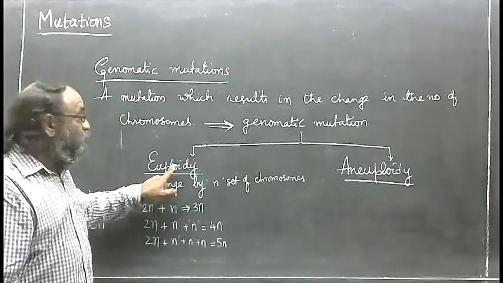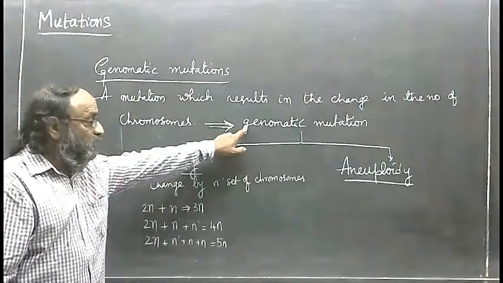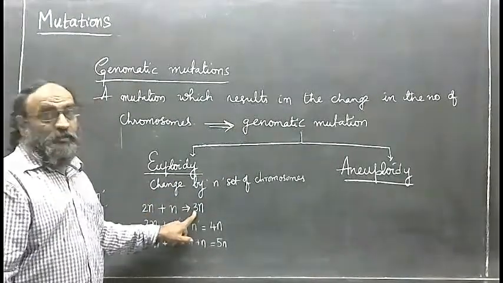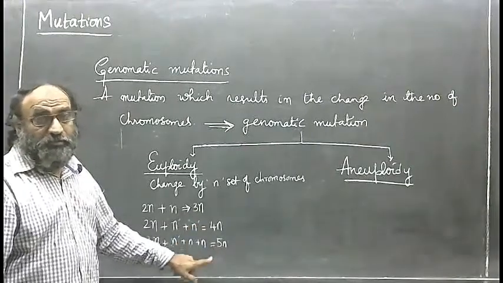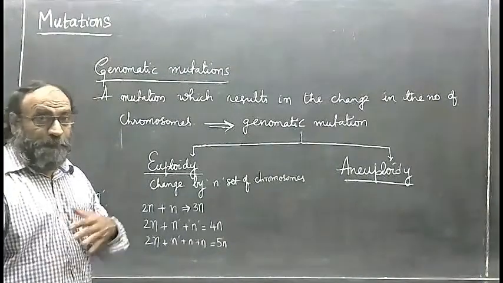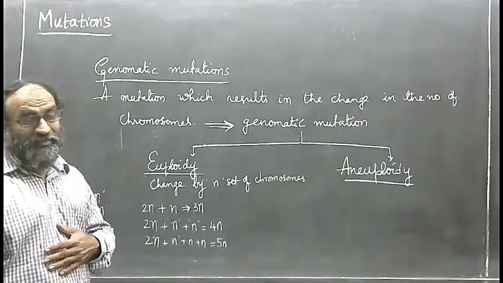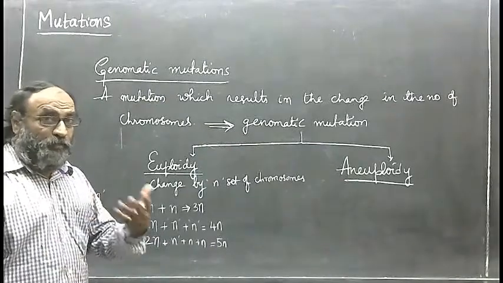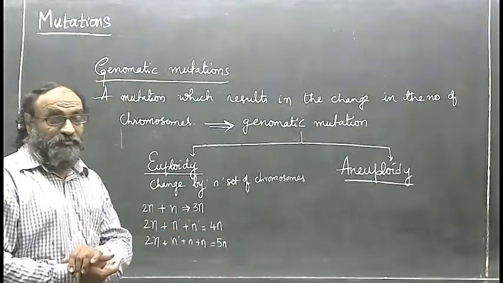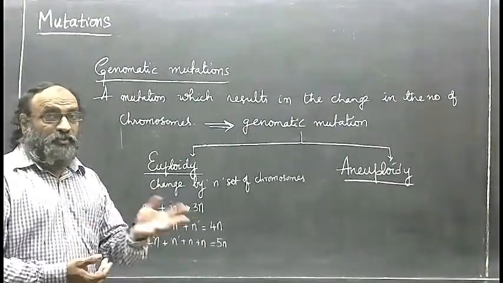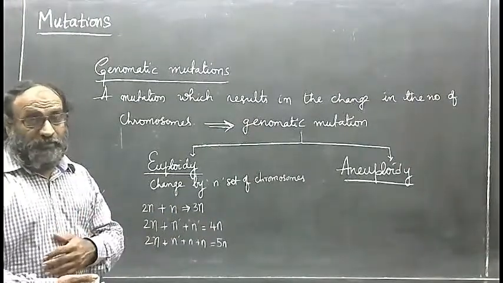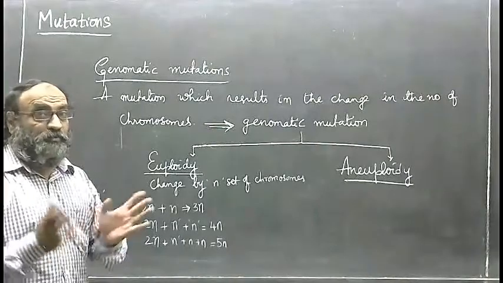Such euploidy type of genomatic mutation may result in triploid, tetraploid, pentaploid, hexaploid, heptaploid (7n), octaploid, nonaploid (9n), decaploid conditions. That means from 3n to decaploid, 10n condition and so on, it is a polyploid condition.